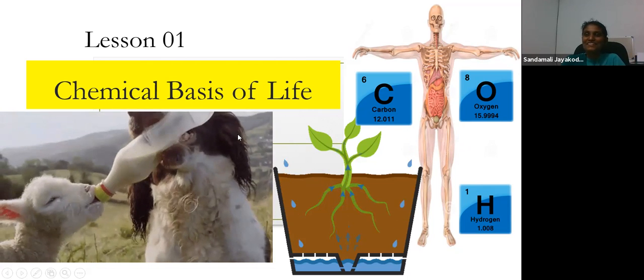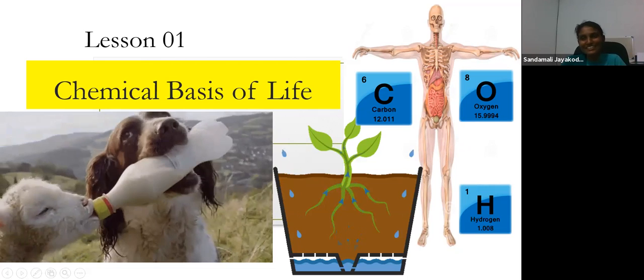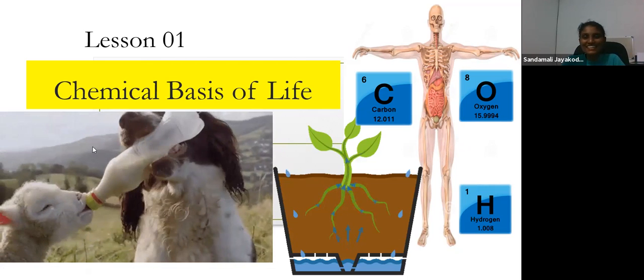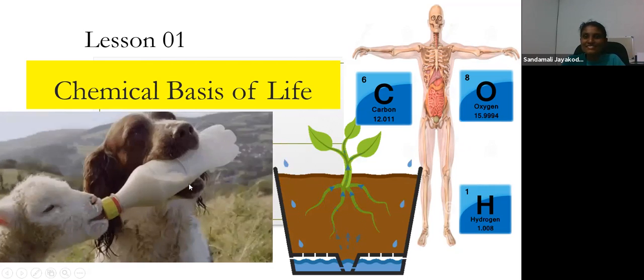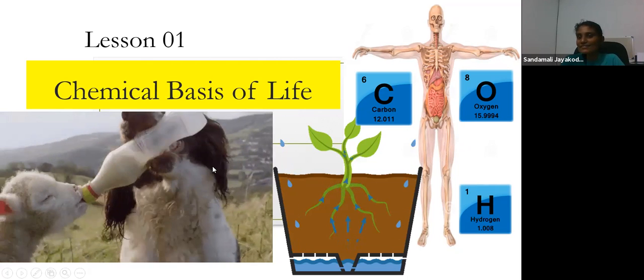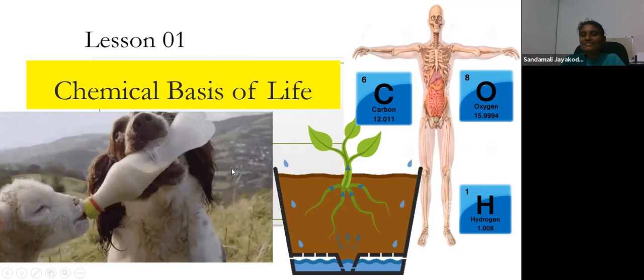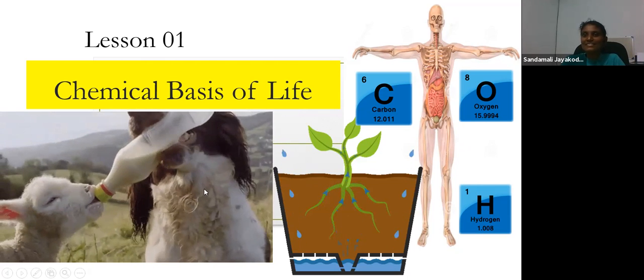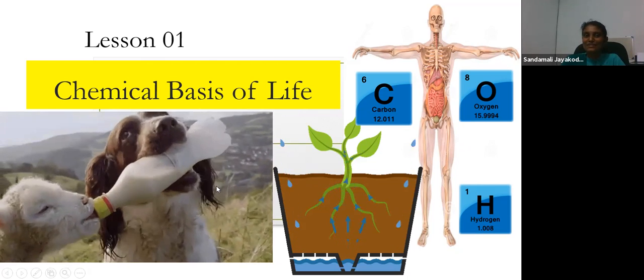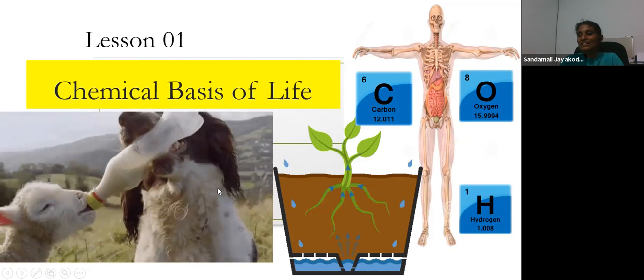Getting foods, yeah, really good. We are getting foods. You can see here this little lamb. He is drinking milk with his little dog friend, and milk is a non-living thing. That lamb is drinking that milk, so he will grow further and further.